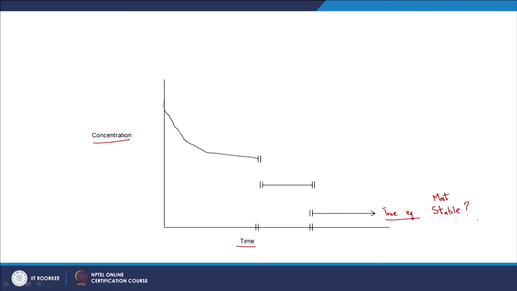And what is the most stable form? It is the least soluble or the insoluble solid, right. So, when the true equilibrium is reached, we have the most insoluble or the least soluble form of solid.